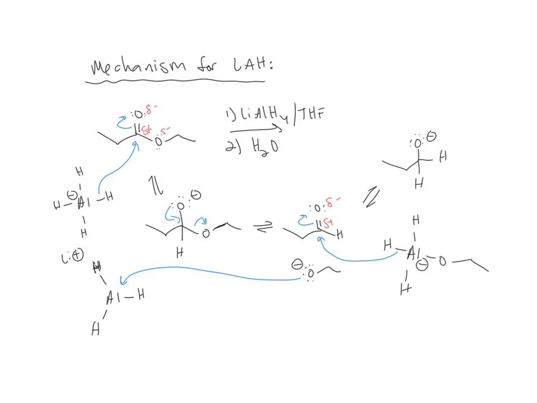And now the difference, right, again, I'd ask myself, well, can these electrons from the O drop down and kick anything out? And now the answer is no, because I have a CC bond and I have CH bonds, right? Those aren't going to get kicked out. They're terrible leaving groups. They'd be way less stable than an O minus, right? O minus is much more stable than H minus, or C minus. So that stays on until you do step 2, which is going to be your water workup or your acid workup.